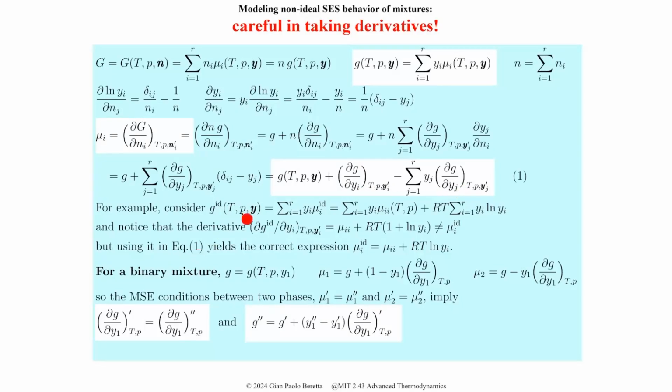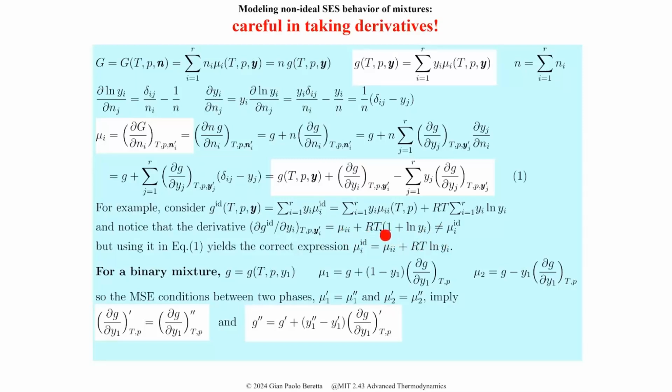For example, if you apply this to the Gibbs free energy of the ideal solution, which we discussed last time also, which is given only by this term plus the mixing entropy type term, and you do this derivative here, you see that the derivative of the lowercase g with respect to the mole fraction is equal to the pure component plus something like that.